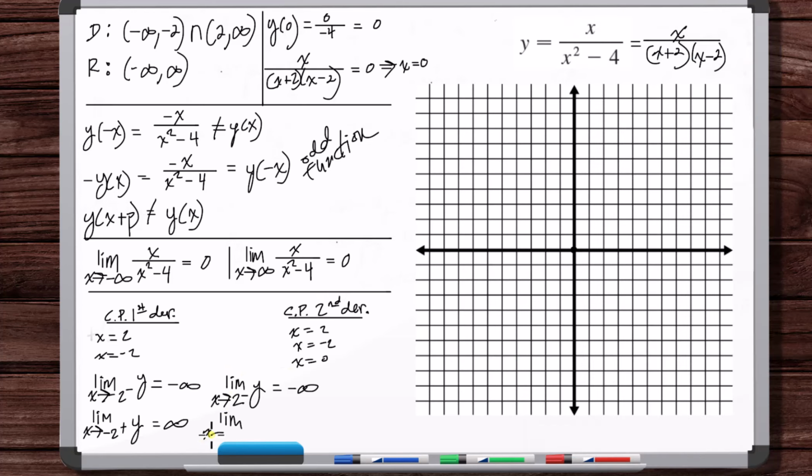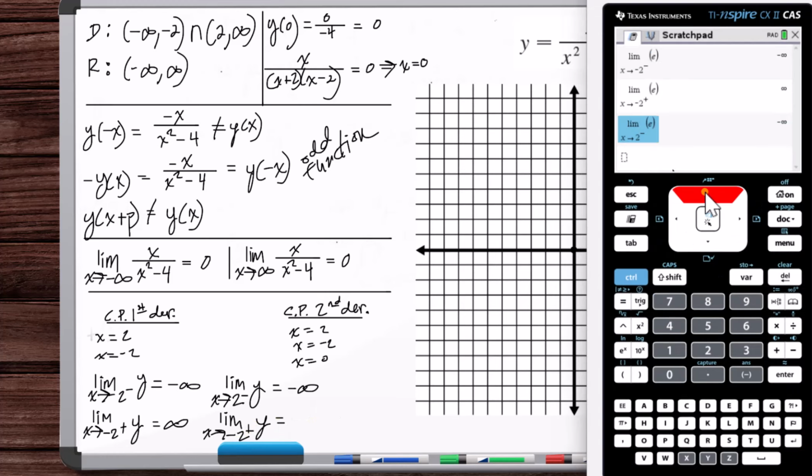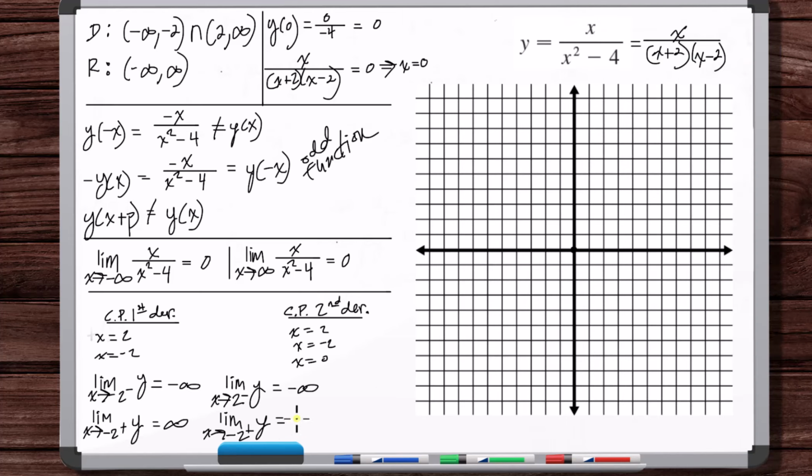And then minus 2 from the right is positive infinity.